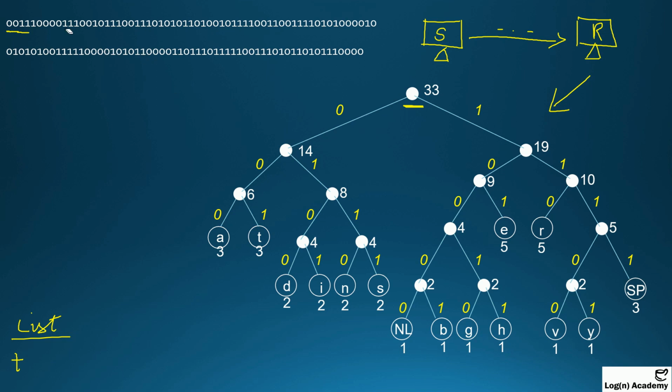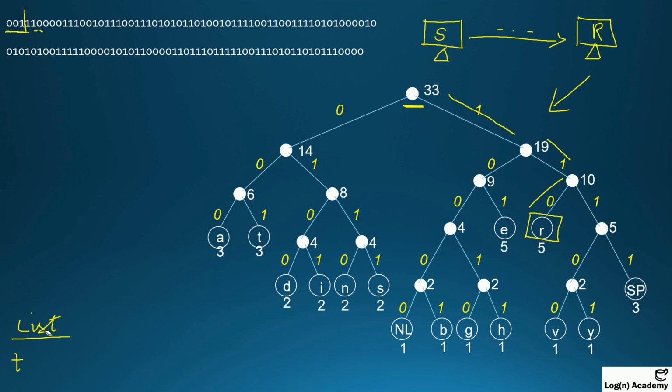Now these first three numbers have been used, so we will start from the fourth number. The fourth number is 1, so the receiver will traverse towards the right hand side. Then he has 1 once again, so he will move towards the 1. Then we have 0, then we have 0, and now we got a character. We keep on traversing until we get some character.